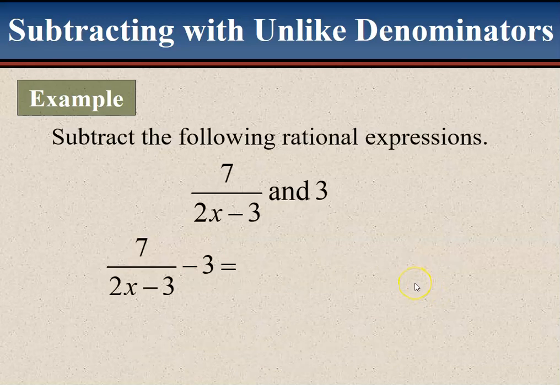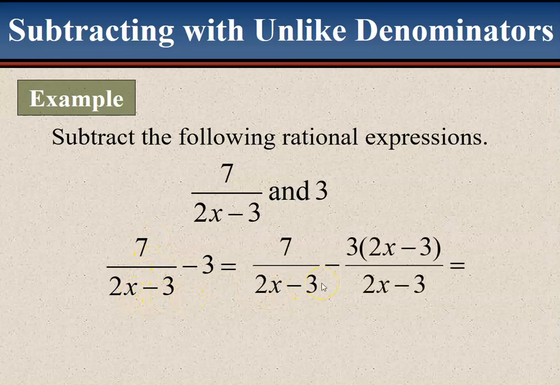Okay, let's see, we have this one. What about if we are going to subtract now a rational expression minus a whole number? So what we're going to do is find an equivalent denominator here, because this one is equal to 3 over 1. So 7 over 2x minus 3, that will give us now 7 over 2x minus 3 minus 3 times, you multiply this one by 1, which is 2x minus 3, the denominator.